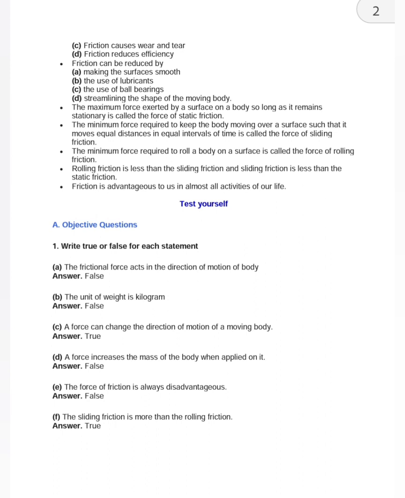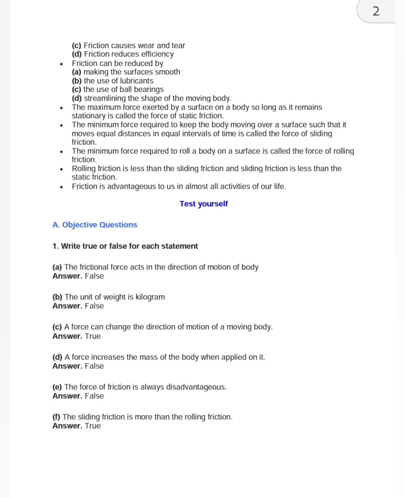The maximum force exerted by a surface on a body so long as it remains stationary is called the force of static friction. The minimum force required to keep the body moving over a surface such that it moves equal distances in equal intervals of time is called the force of sliding friction.